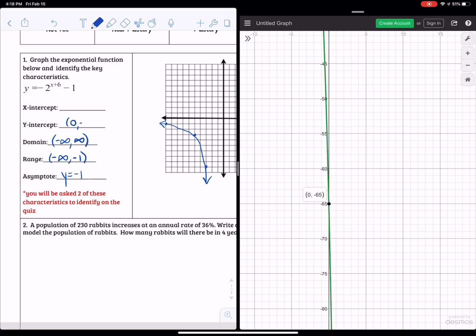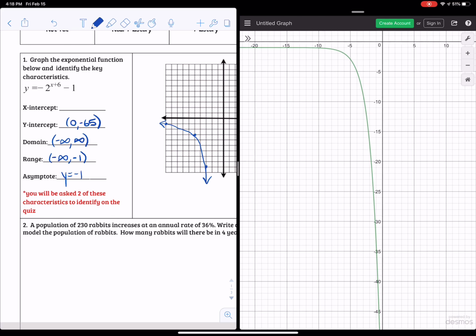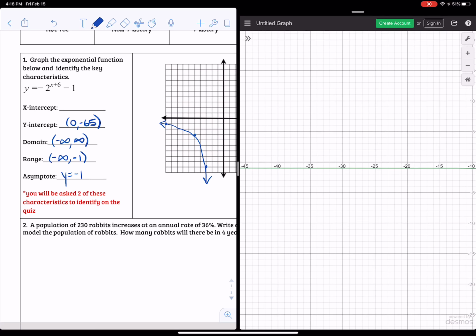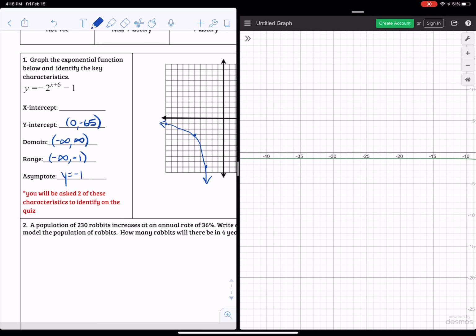That's easy enough to find. And then the x-intercept, notice it comes up here to -1, but it won't go further up. So it does not ever touch the x-axis. So let's say none. On your quiz, we're going to ask you about 2 of these key characteristics of your graph. I hope that helped with an example.